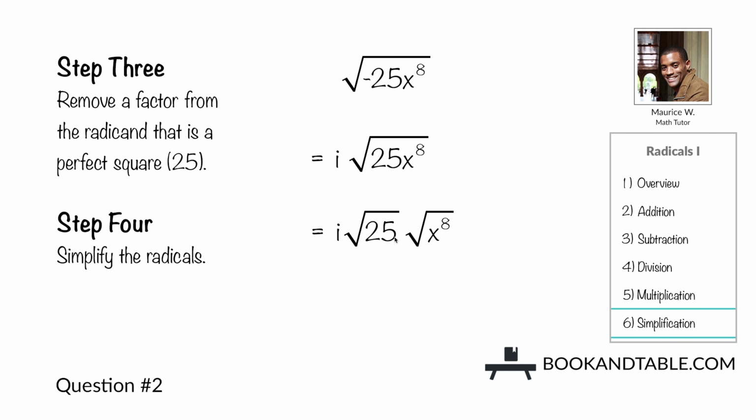The square root of 25 is 5, leaving us with 5 times i, which is 5i. This index is 2, but it's not shown, it's 2. So x to the 8th to a power of 1/2. Power of 1/2 is the square root. 8 times 1/2 is 4, leaving us with the final answer of 5i x to the 4th for question number 2.